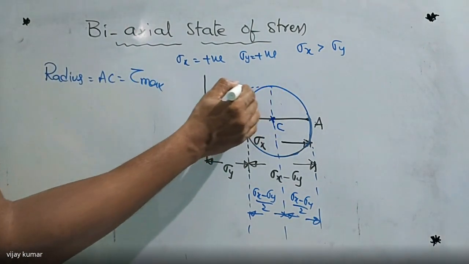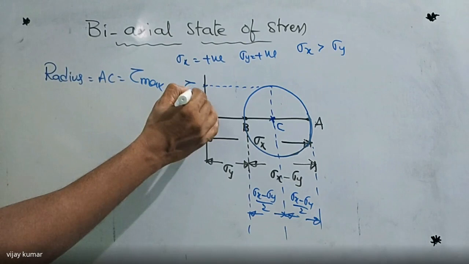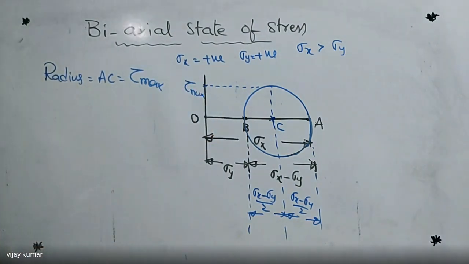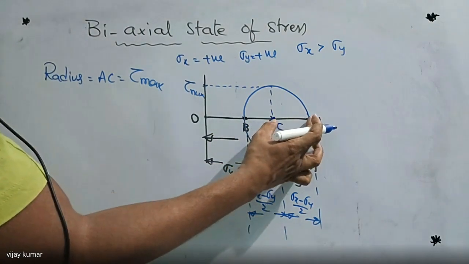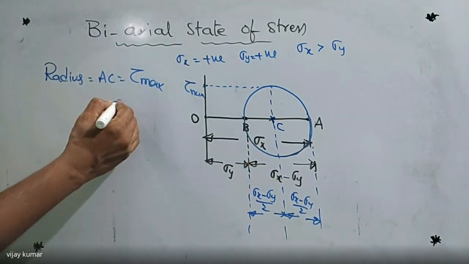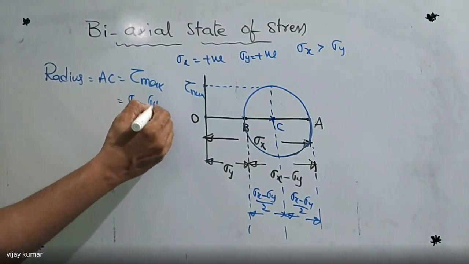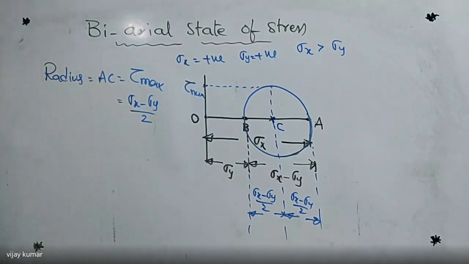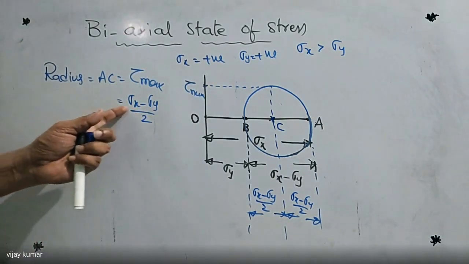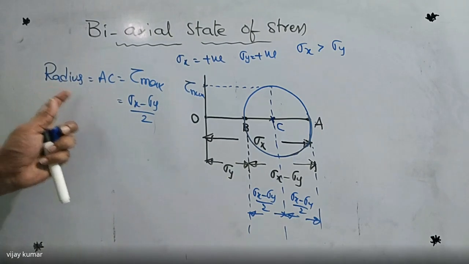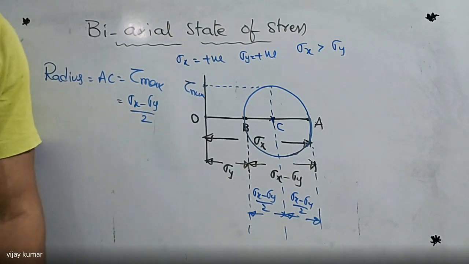So what is the value of tau maximum? That is sigma x minus sigma y by 2. Check it, in the analytical method also we got it. Tau maximum in a biaxial state of stress is nothing but sigma x minus sigma y by 2.